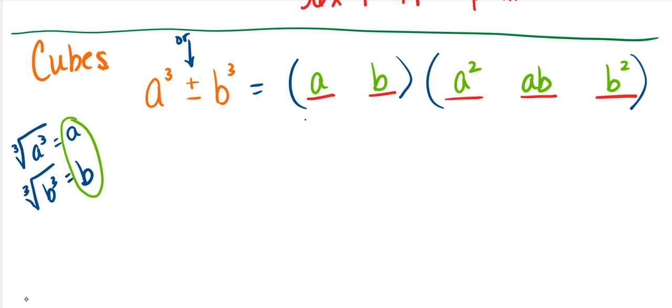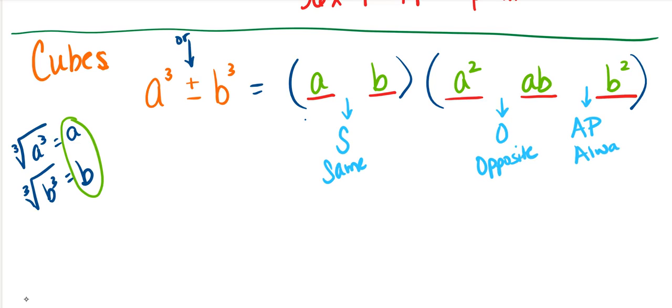Now, some people memorize the order of the signs, which is just fine. However, the way that I learned it and the way that I've taught it that seems to work well, S, O, A, P. Use SOAP. Same sign as the problem, opposite sign from the problem, and always positive.